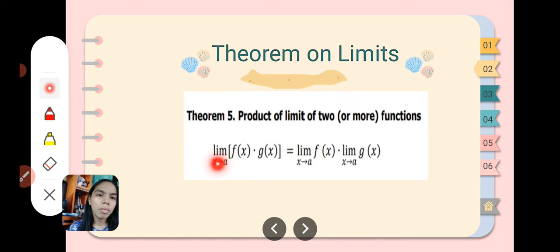So the limit of f of x multiplied by g of x as x approaches a is equal to, we distribute the limit as x approaches a, the limit of f of x multiplied by the limit of g of x as it approaches a. So this is for the product of limits of 2 or more functions.